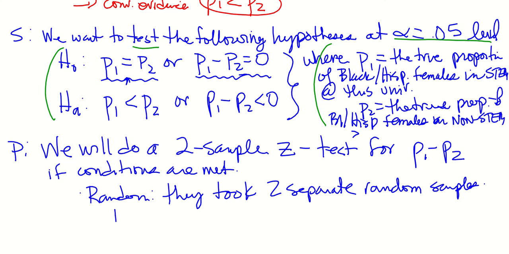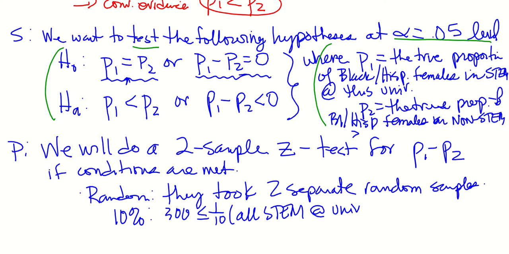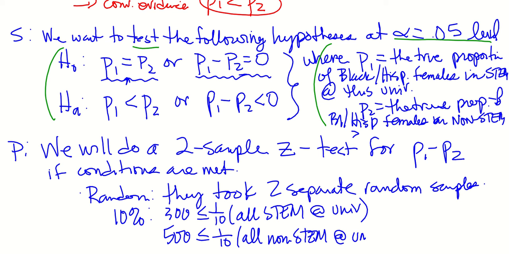We did take samples, so we address the 10% condition, and we have that 300 should be less than or equal to 1/10 of all STEM students at the university, and that 500 should be less than or equal to 1/10 of all non-STEM students at the university.